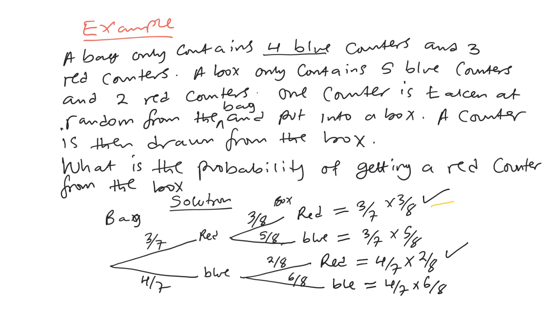The product you get out of this is 9 out of 56, and this is 8 out of 56. So the probability of red will be the sum of these two, 9 out of 56 plus 8 out of 56. That is 17 out of 56. Let's write on this page.